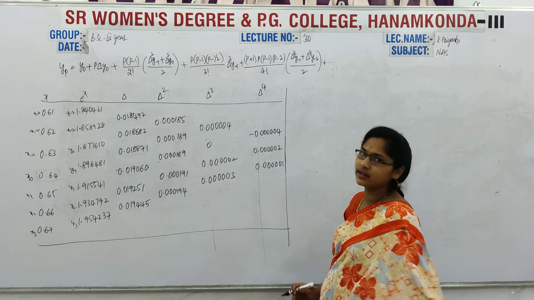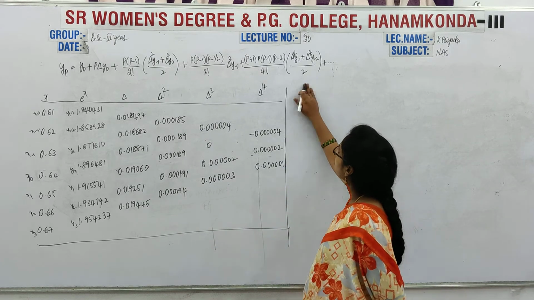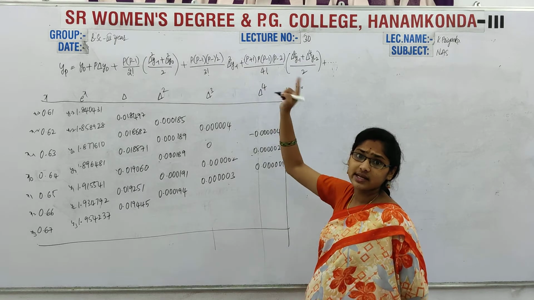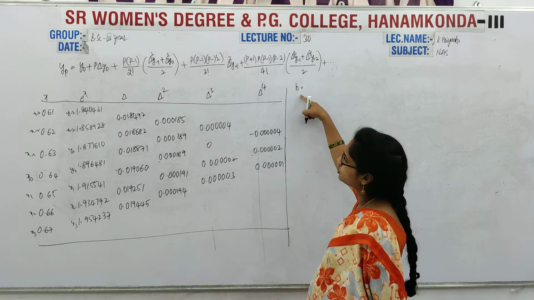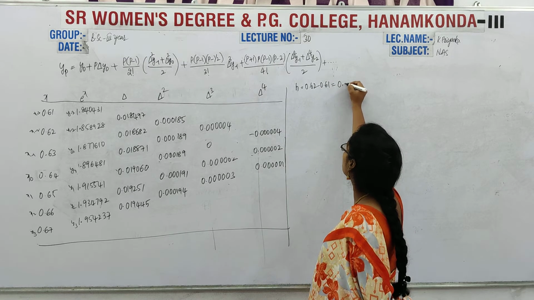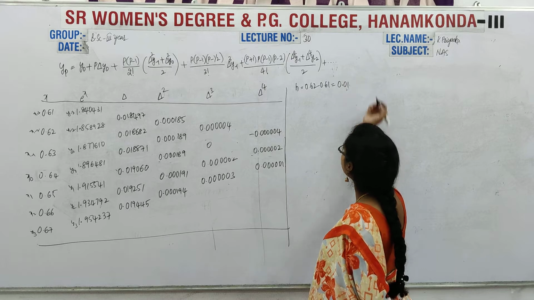Now I have all the values. Before that, what is h here? Put a side heading, Bessel's formula. h is 0.62 minus 0.61, which is 0.01.